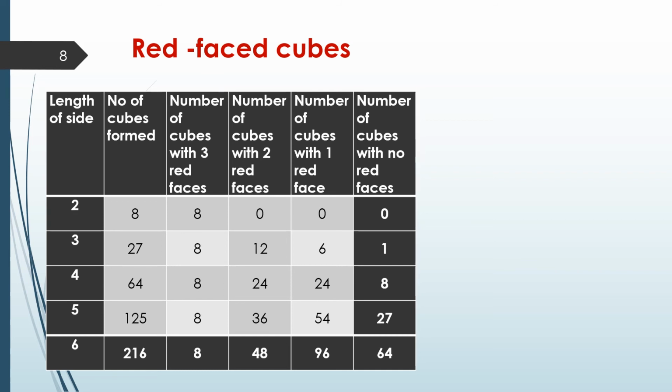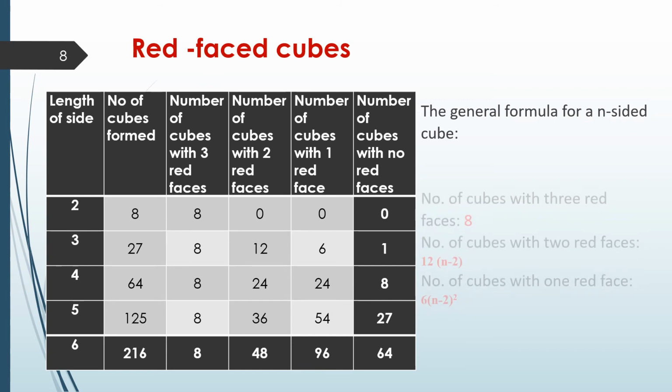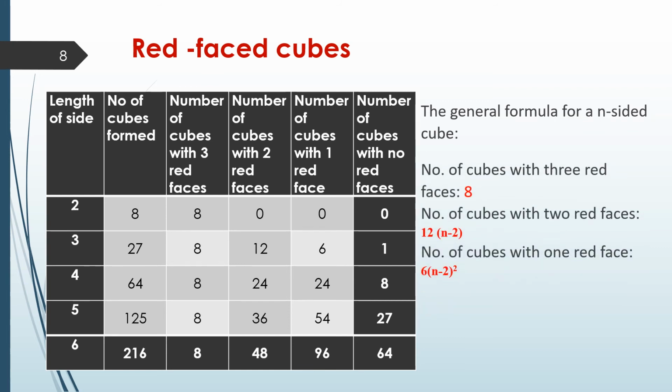Now, students can find that whatever may be the length of the side, the number of cubes with 3 red faces will be 8. Whereas the number of cubes with 2 red faces, when the length of the side is 2, is 0; 3, 12; 4, 24; 5, 36.